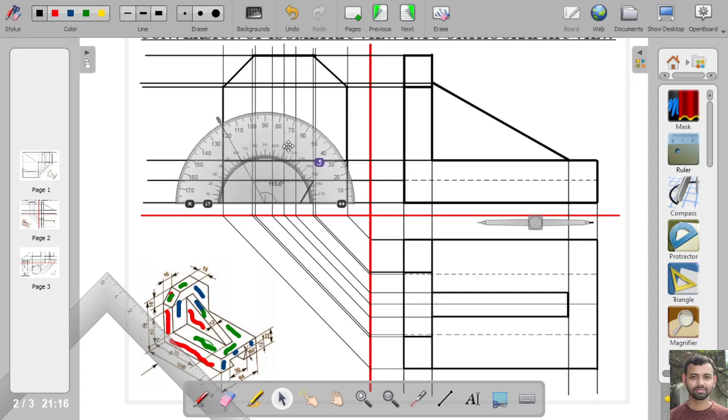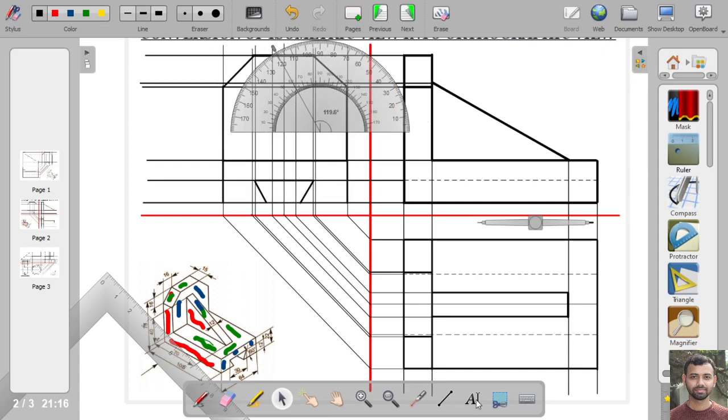So it will be from this point. So from this point, okay, now we will connect this end point and this end point and this end point and this end.